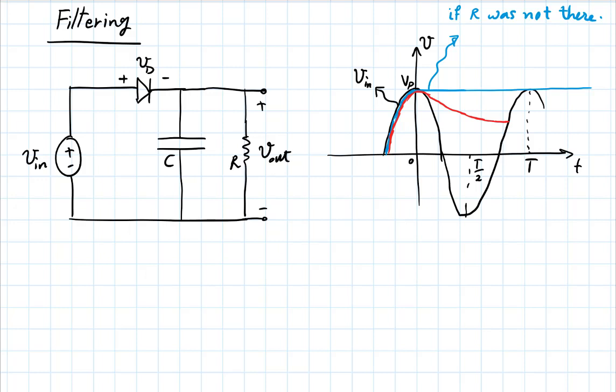Beyond that, the input wants to go up, and the output, this is what the output wanted to continue doing, right? But it doesn't do that anymore, because as soon as the input reaches the same value and now wants to go up, it will turn on the diode again. So this is what you will see.